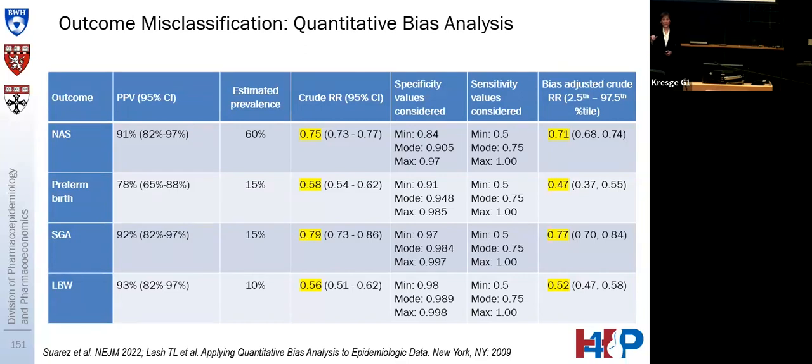And what you see here is that it does not explain the protective effect that was observed for buprenorphine. In contrast, correction for outcome misclassification actually strengthened the effects slightly. So that's just an example of things we can do to try and address some of the weaknesses that are inherent in the data source that we're using here.